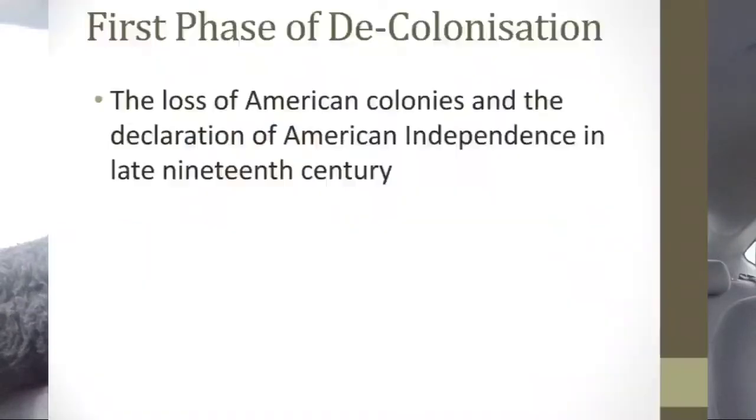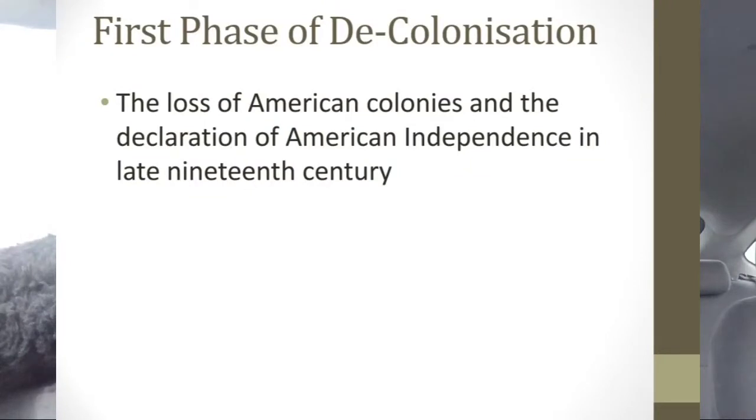So the first phase of decolonization is when some of the nations started rebellious actions and gained independence. The first major region that got independence, and where the colonies got demolished, was America.